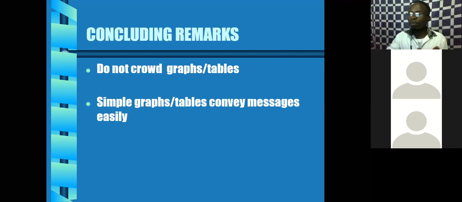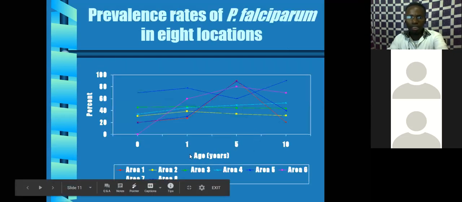A table or a graph should have a suitable title, which indicates the subject of the presentation. I think I already mentioned that. Then the measurement unit. Look at the graphs that we had: here the measurement unit is in years.